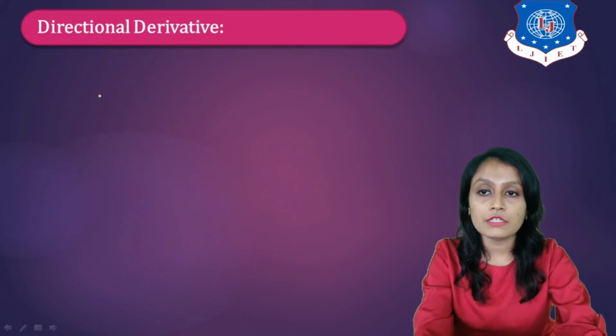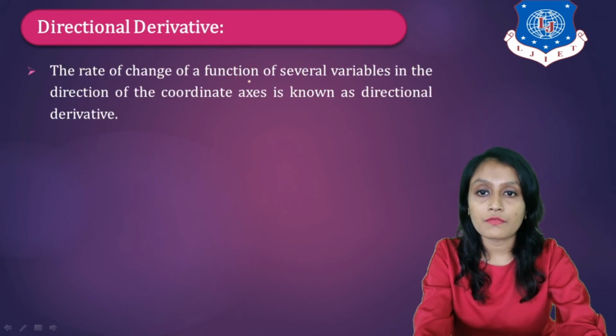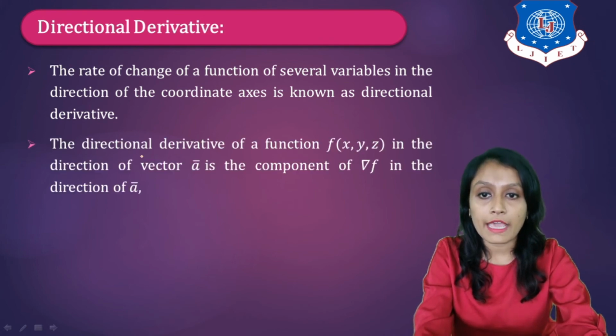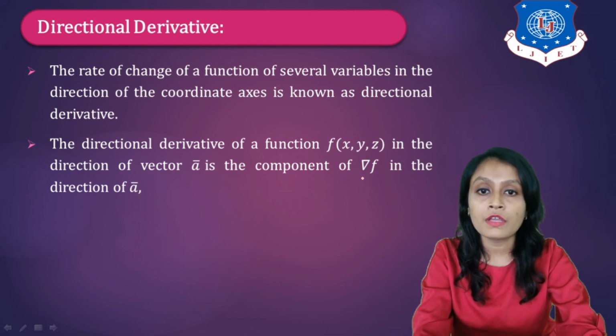Now the next topic is directional derivatives. The rate of change of a function of several variables in the direction of the coordinate axis is known as directional derivative. The directional derivative of a function f of x, y, z in the direction of a vector a bar is the component of gradient of f in the direction of a bar.